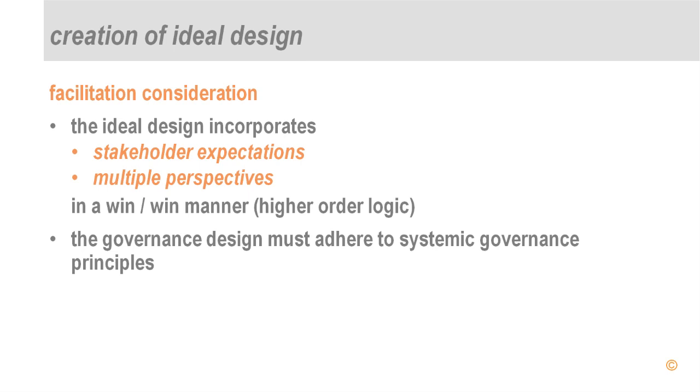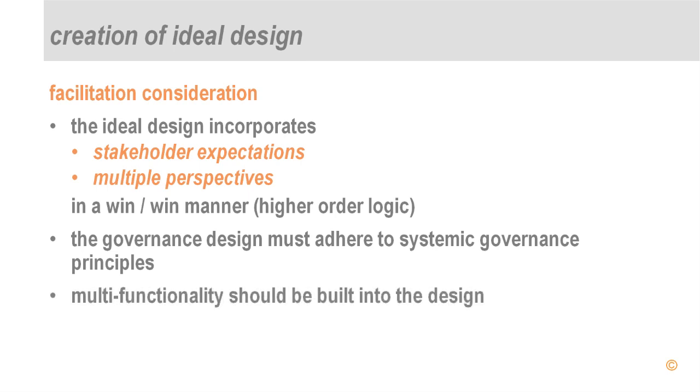Then we should build multifunctionality in the design, and multifunctionality consists of 3 types. The first is we have one strategy or one course of action with which we can achieve 3 different types of ends.